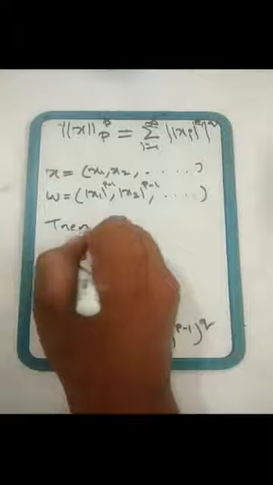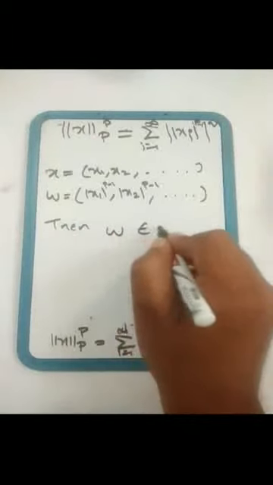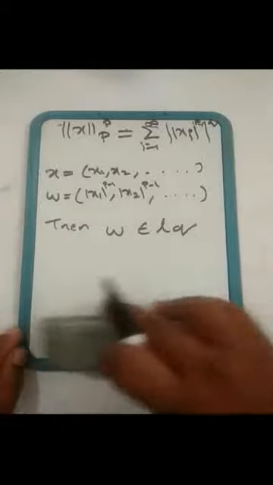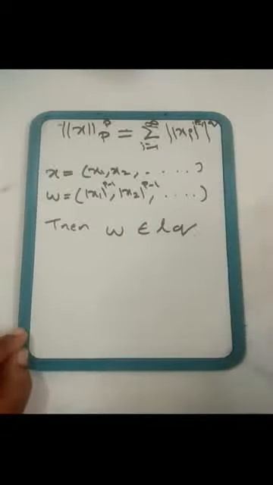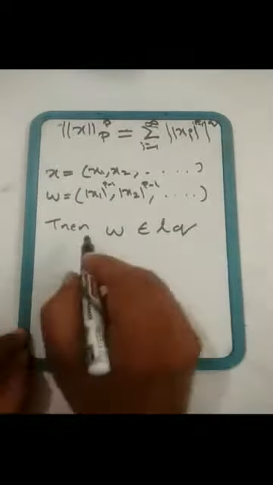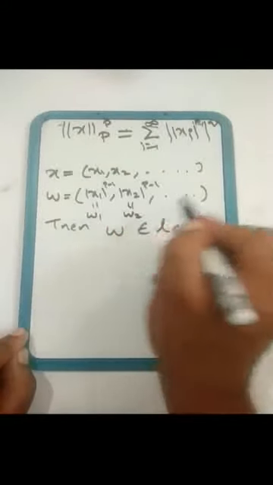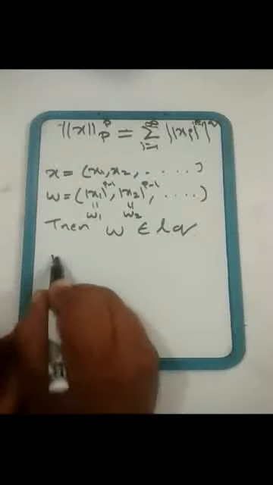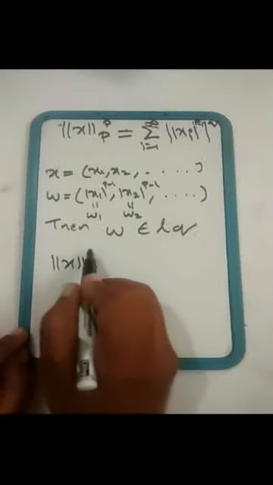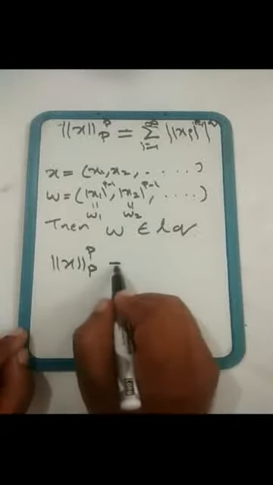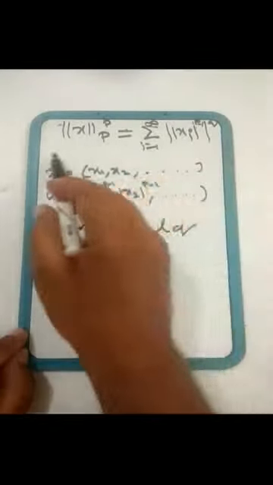Then w belongs to Lq because this becomes what? Let this be w1, w2, and so on. Norm of x, p raised to p is a finite number.